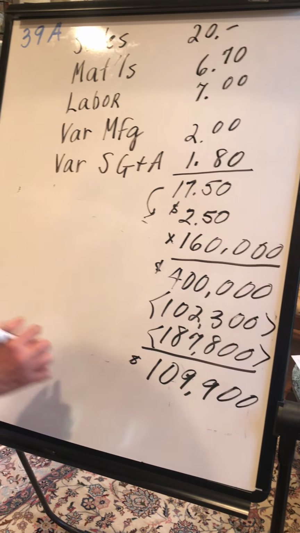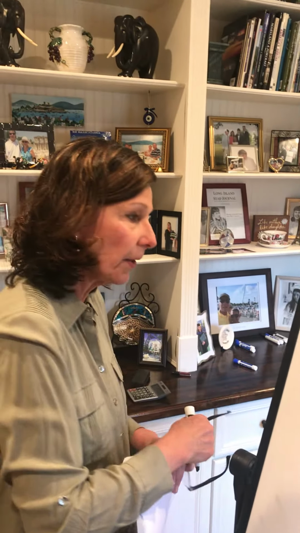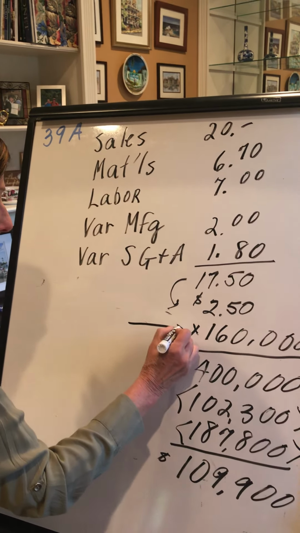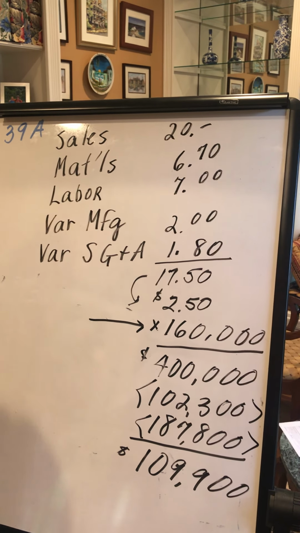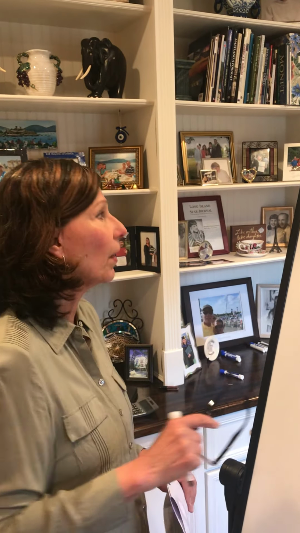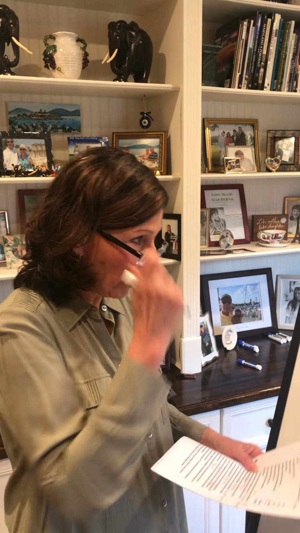So that's the operating income if they sell 160,000 units. And just to repeat, that's the answer to number 2 in this problem. Again, not new information, but we're going to keep adding to this problem.